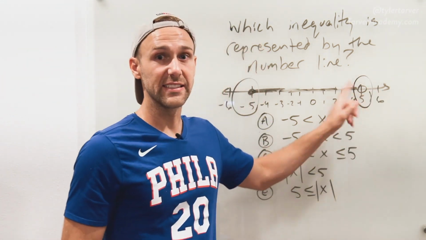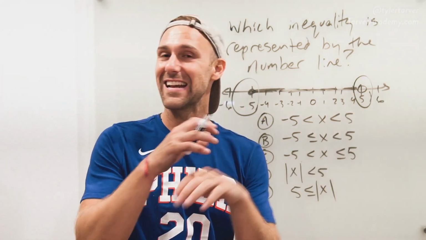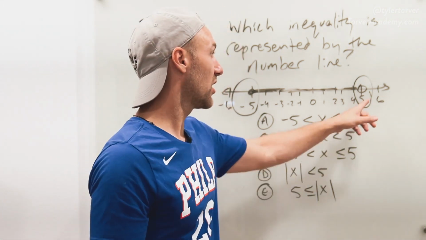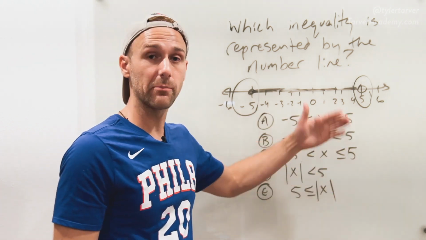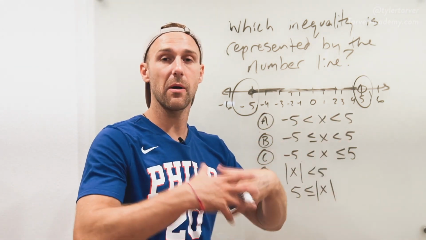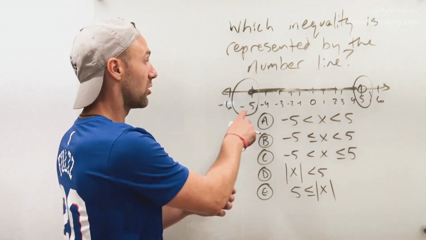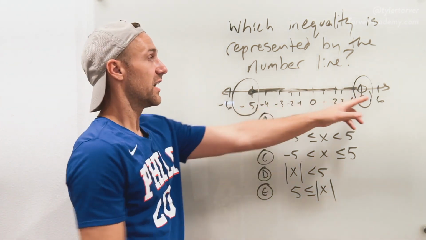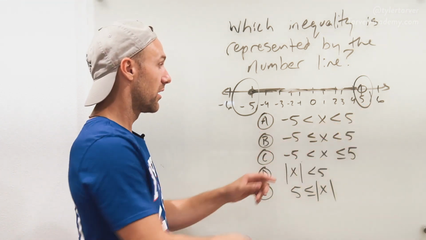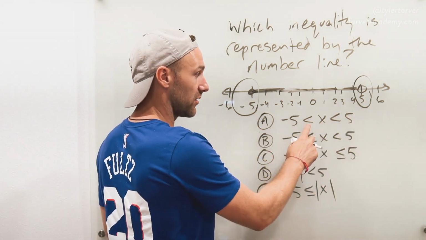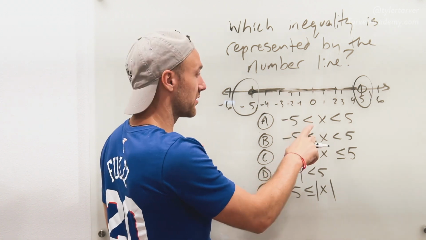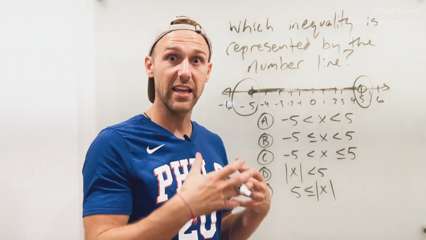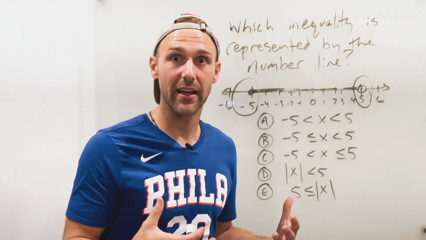Now, since it's an open circle, that means that it cannot equal 5, okay? So that's going to tell me a lot about my options here, and I'm going to be able to mark some stuff out. Right off the bat, I know that it can equal -5, it can't equal 5. Well, right here, these greater than, less than symbols, if it has a line underneath it like this, that means that it is equal to, it can be that number.